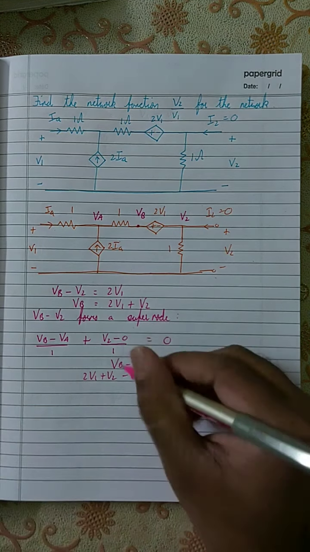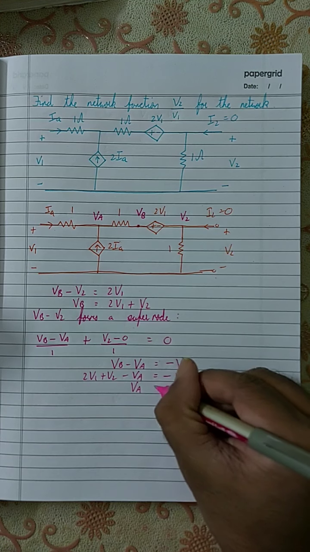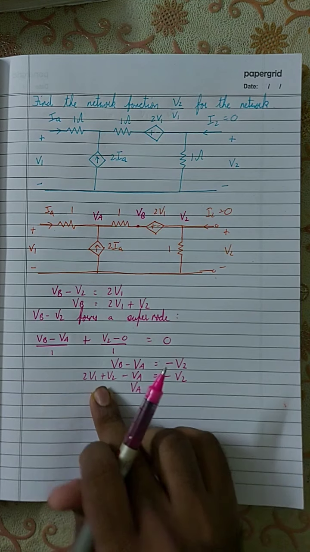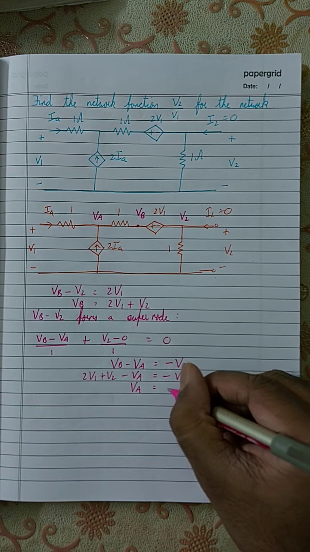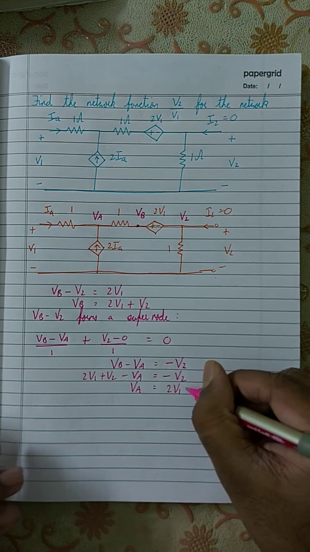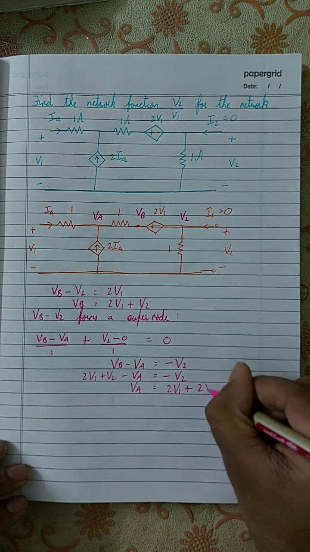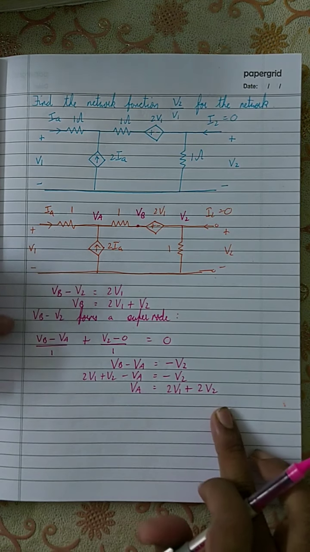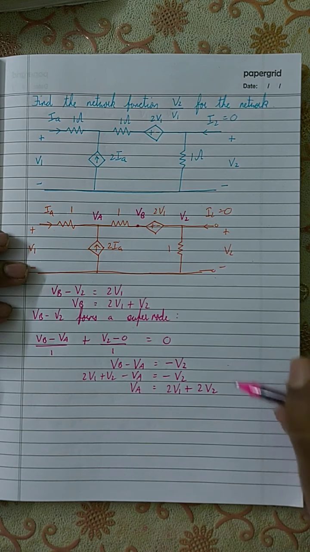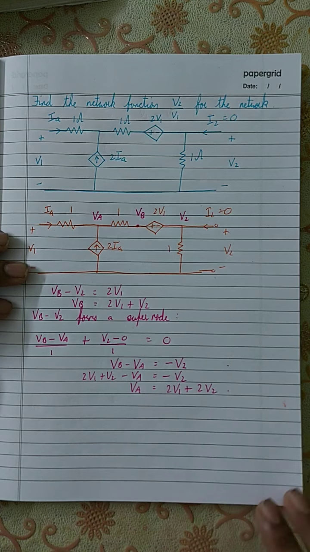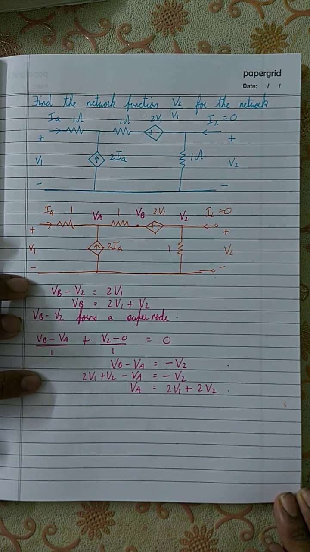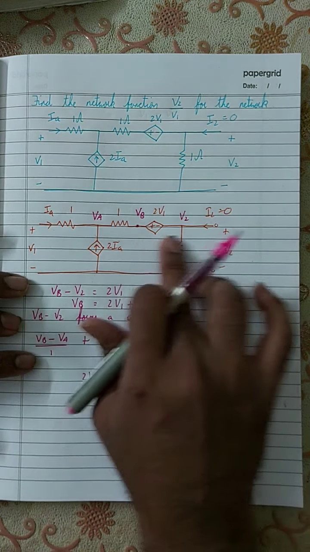So in that case, I can say that VA is equal to 2V1 plus 2V2. Okay, so I got this equation. I'm writing these equations because I might need them in the future substitutions. That's why. So now that's it. That's the equation for this node.